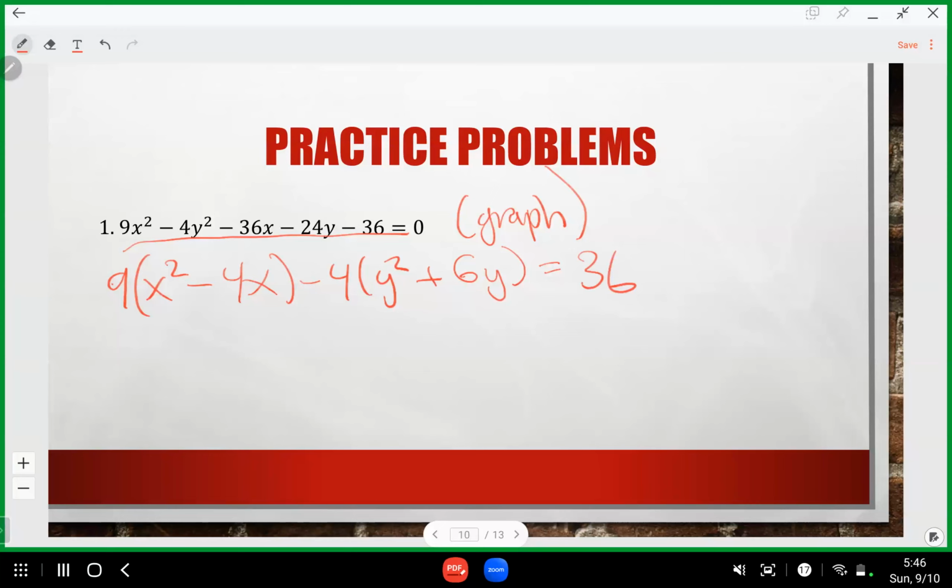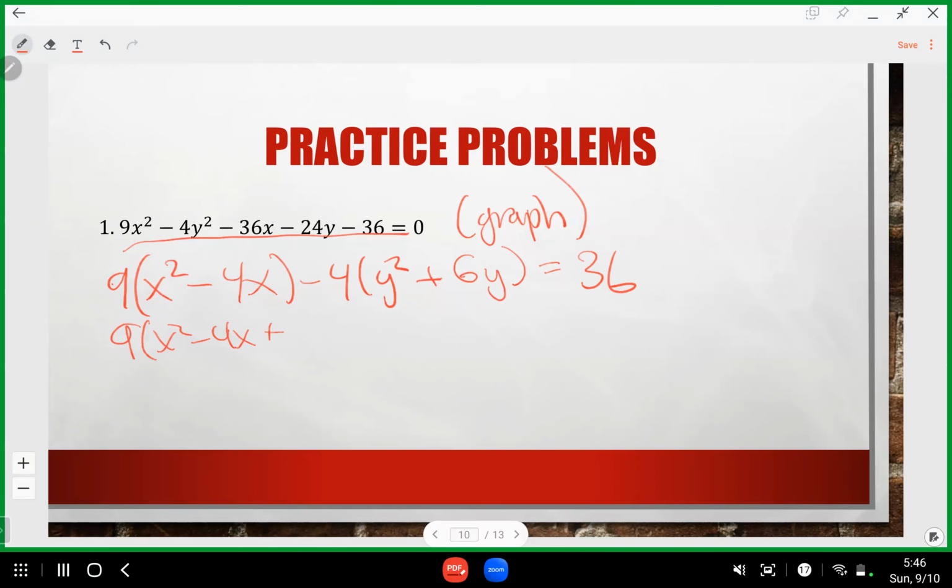Then now we can complete the square. The thing we add to the equation in the parentheses is just b over 2 squared.